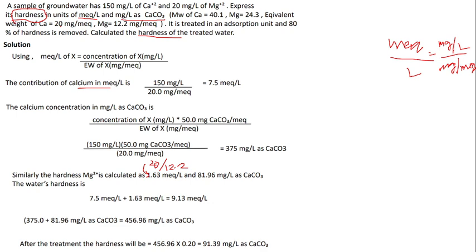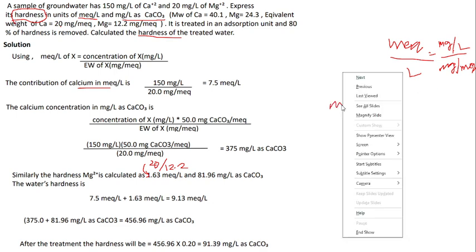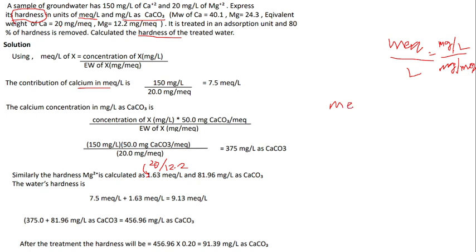Next part is to find the hardness in the units of mg per liter as calcium carbonate. It is very simple. Now we know the values of milli equivalent per liter. Just convert it to mg per liter by multiplying it with 50 mg.